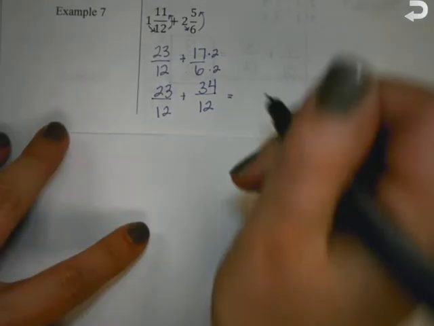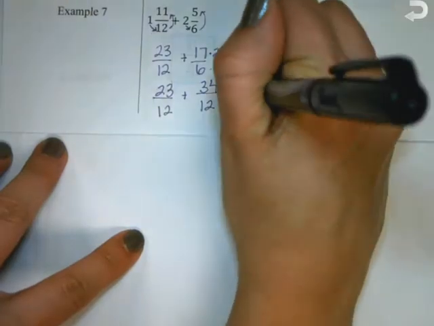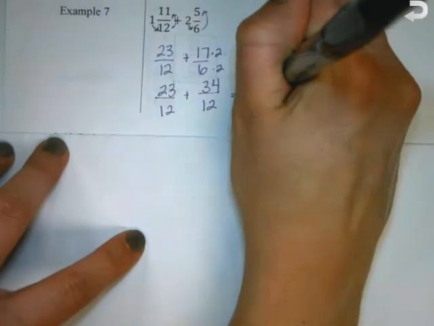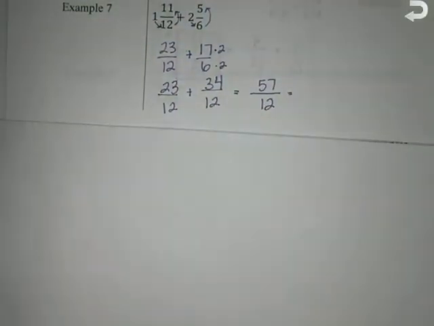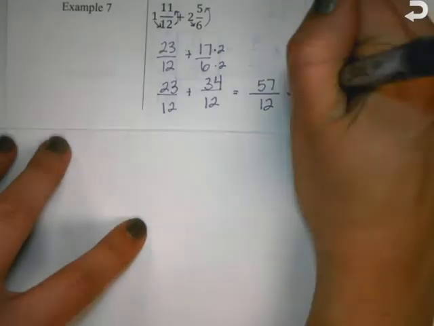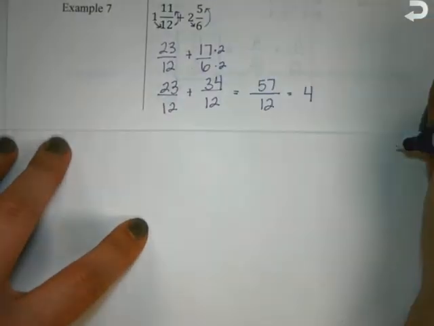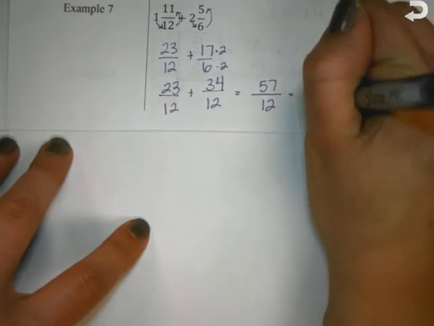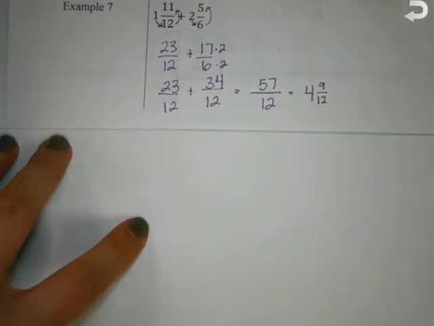And Cameron, what's the remainder? The remainder is 9, so that's going to be 4 and 9/12. Does 9 over 12 reduce? Yeah, by what? By 3. So we can divide by 3. So that's going to give me 4 and 3/4. Good job, guys.